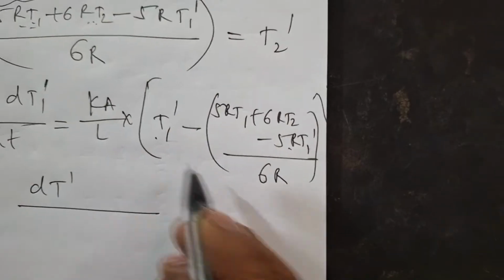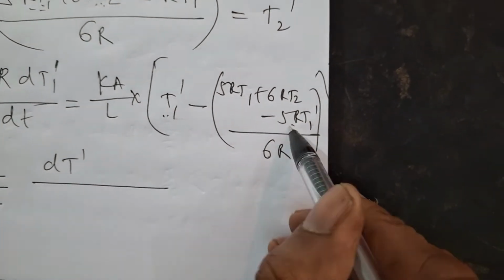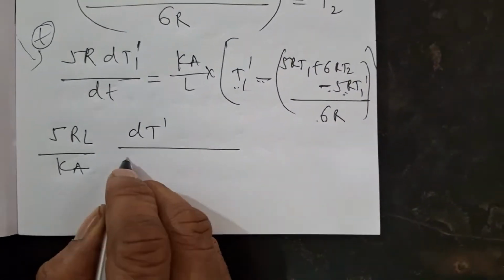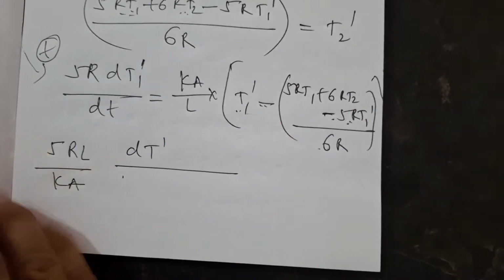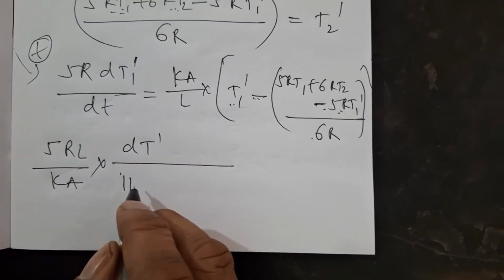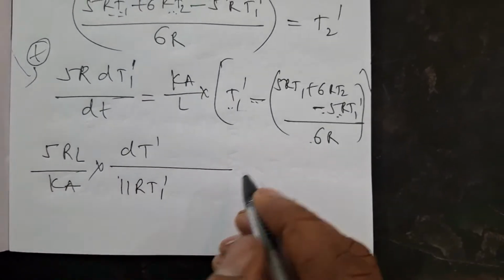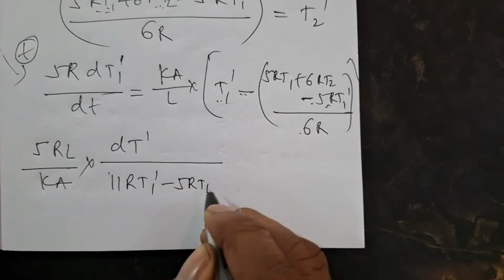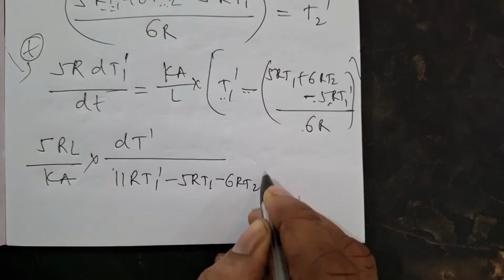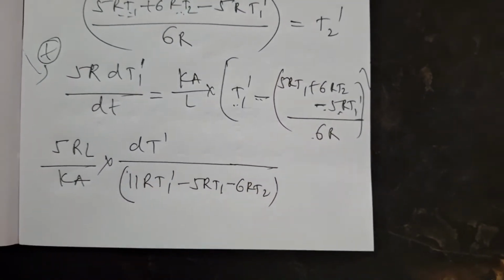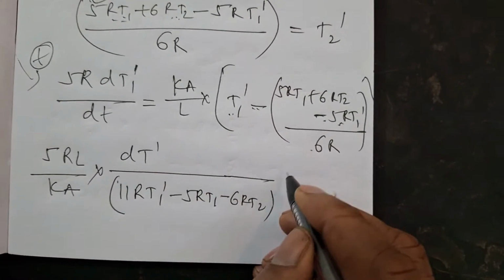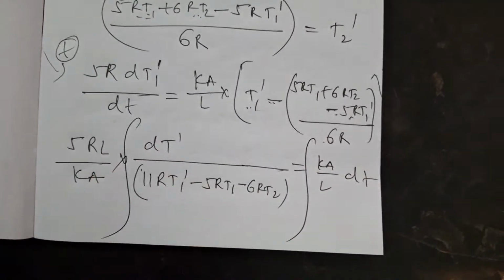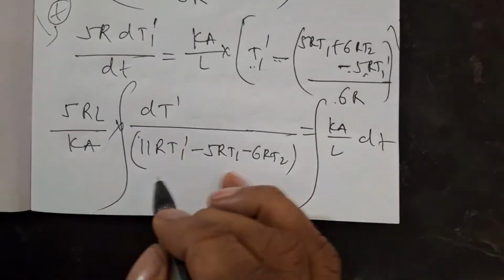If you solve, 6R T1 prime and this is 5R, minus minus plus, so 6 plus 5 means 11 R T1 prime, and this one is minus 5R T1 minus 6R T2. This is prime, and now KA by L into dt. Now please integrate here. So this will come as log.